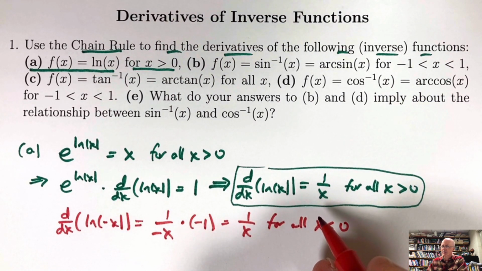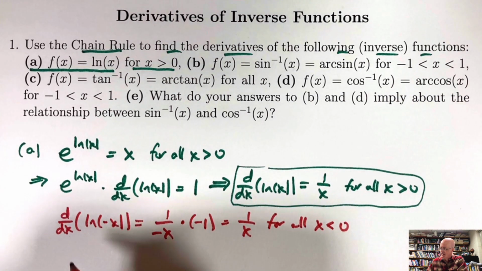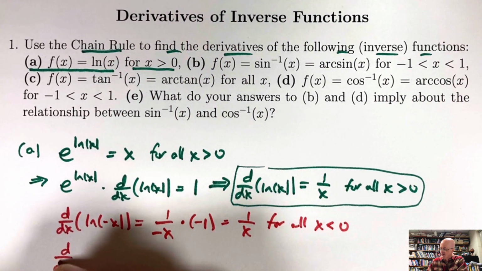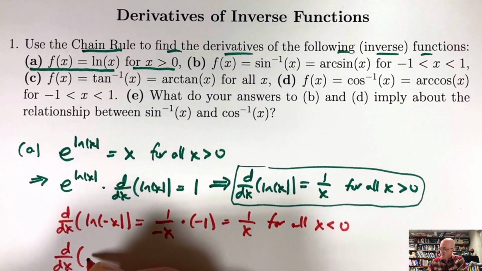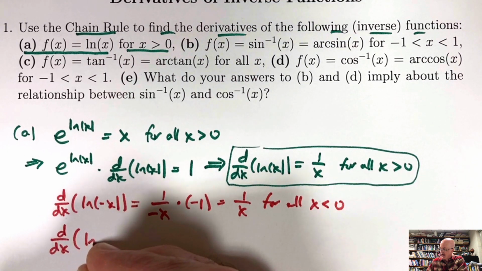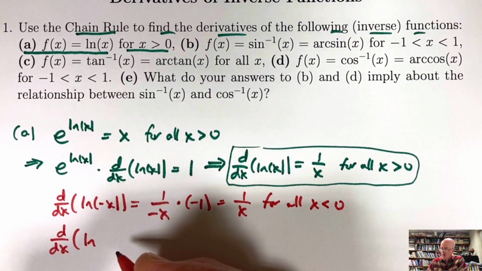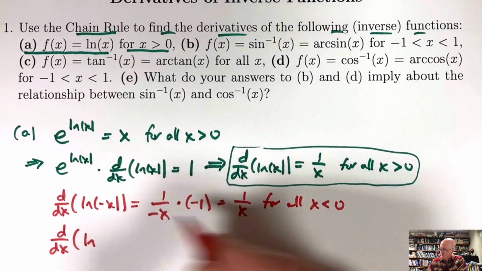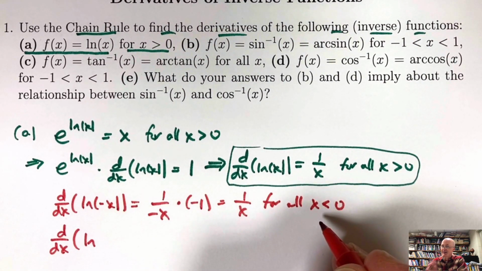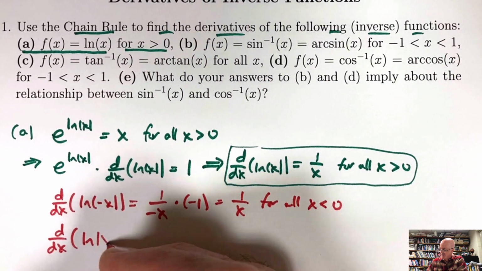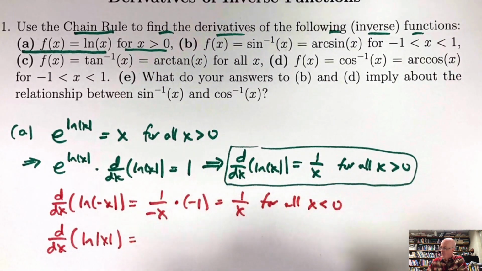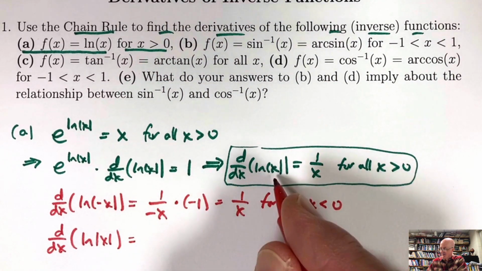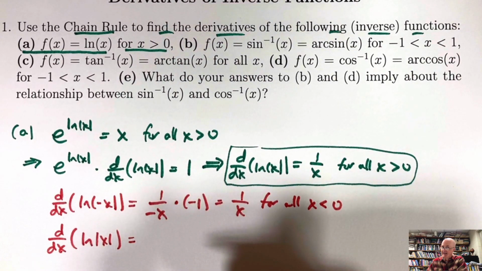Maybe we could put these two things together. Yes, we can. We can put these two facts together to say that in general, the derivative with respect to x of natural log of, what should I use? What quantity will equal x when x is positive and negative x when x is negative? You should know it's the absolute value of x that will be what equals x when x is positive and negative x when x is negative.